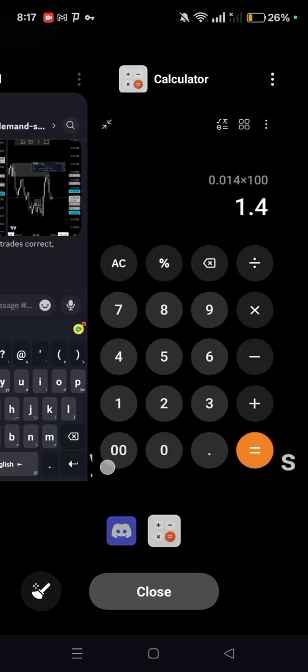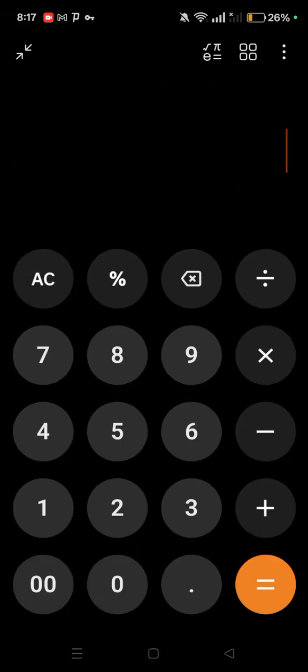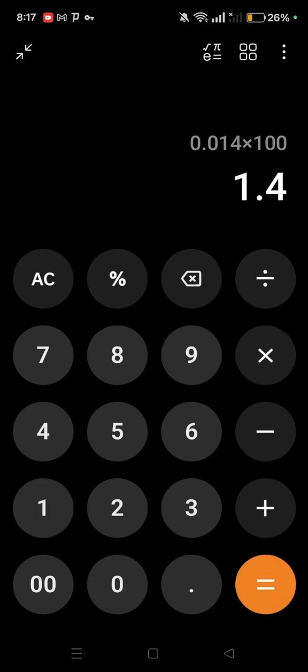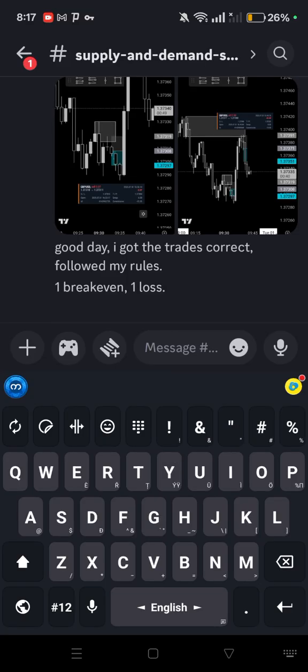Negative 1.4? Seriously? 7%. So which is 70 divided by 5,000 times 100. Oh god, I actually risked 1.4% on just 2 trades? Dude, this is harder than I thought.